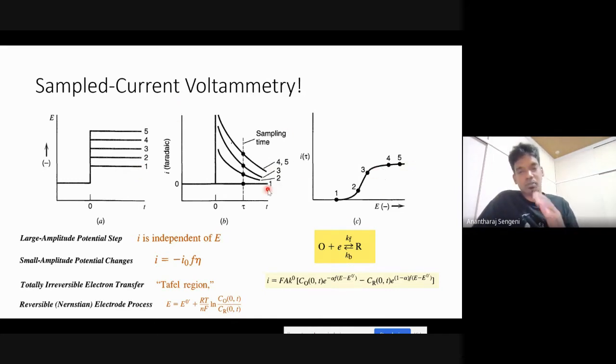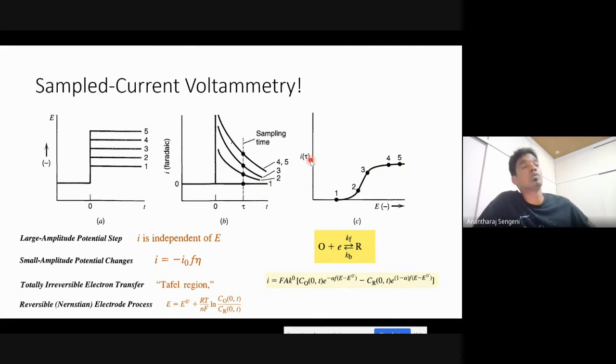So this is the basic difference from LSV and CV. In LSV and CV we also get a similar curve, but those curves are actually not of a steady state response. But the sampled current voltammetry curve is of a steady state response.